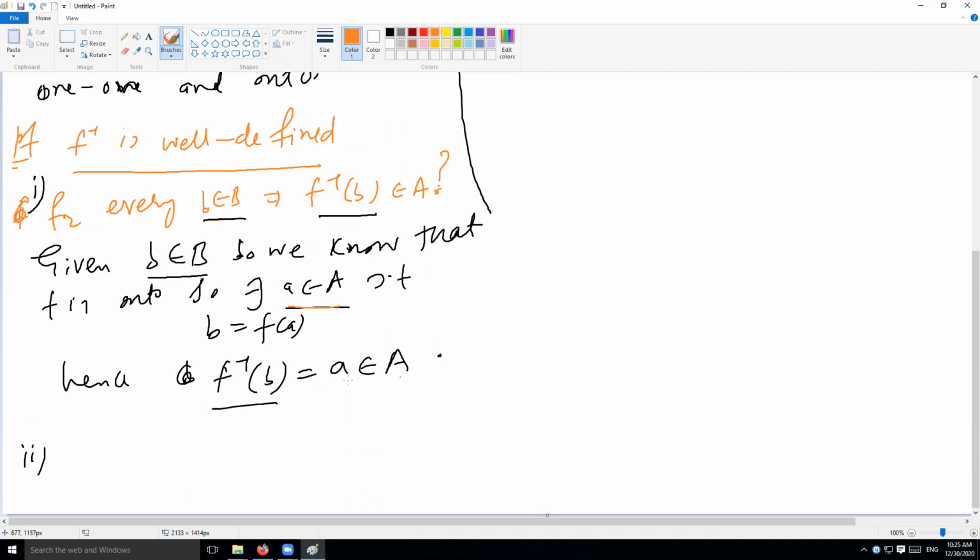So if f inverse of b is a and a belongs to A, this means f inverse of b belongs to A. Exactly. So what we showed is that I picked an element from the domain and proved that its inverse image also belongs to the codomain. So the first condition of f inverse being a function is true.